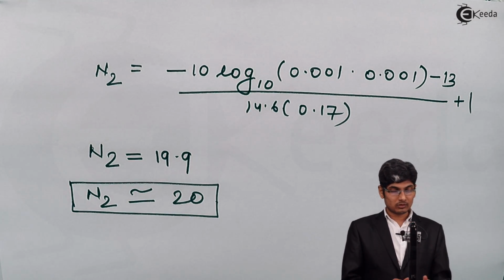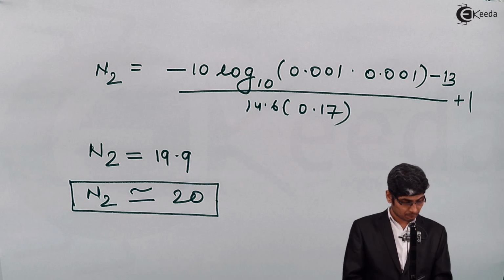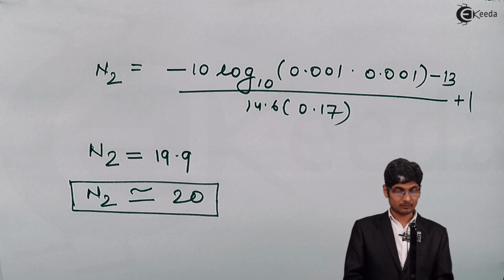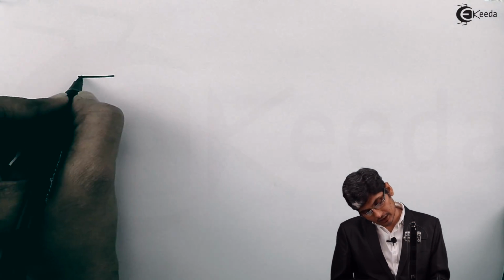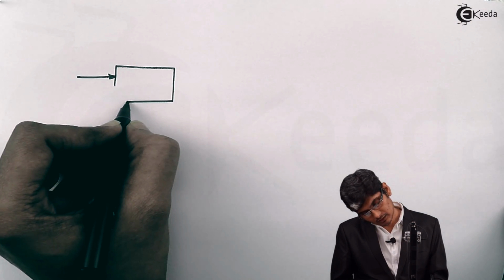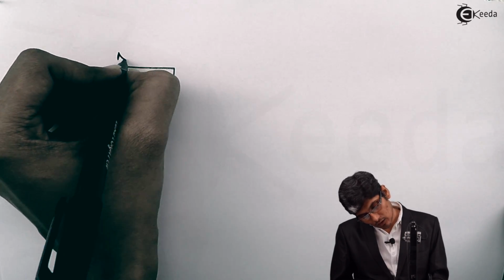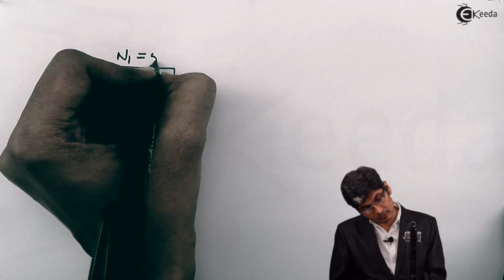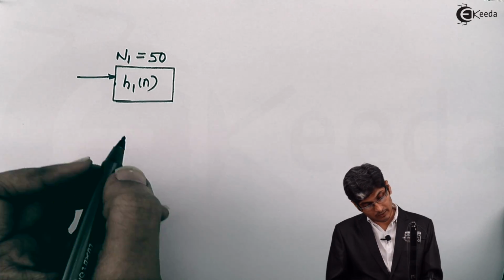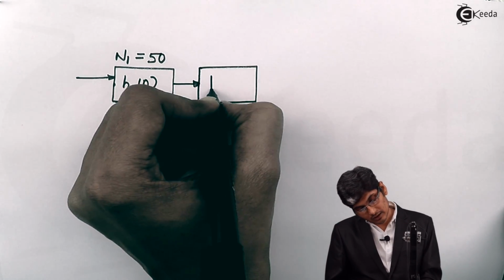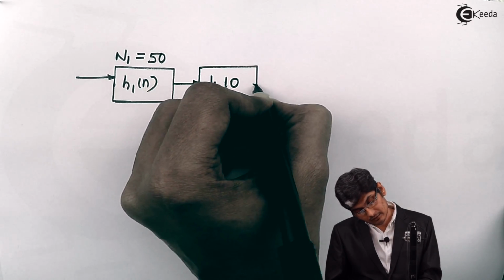So this is how we normally design a two-stage structure. If I draw the whole structure again, I have the input x of n with a filter h1 of n, and the order of this filter is N1, which is 50. Then I go to the next stage with a downsampling rate of 10.